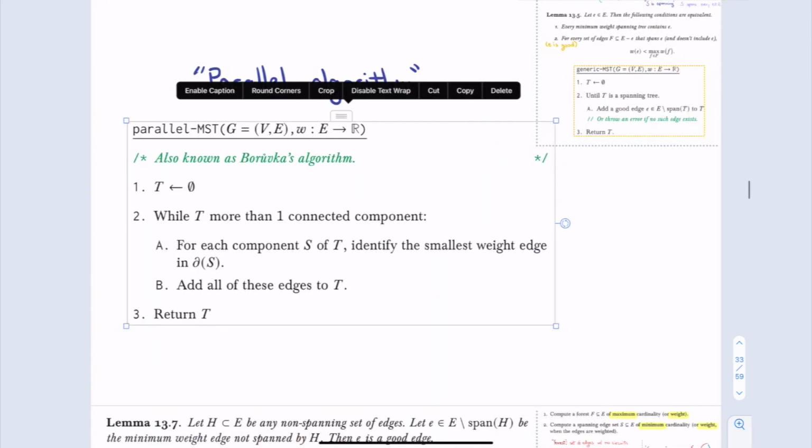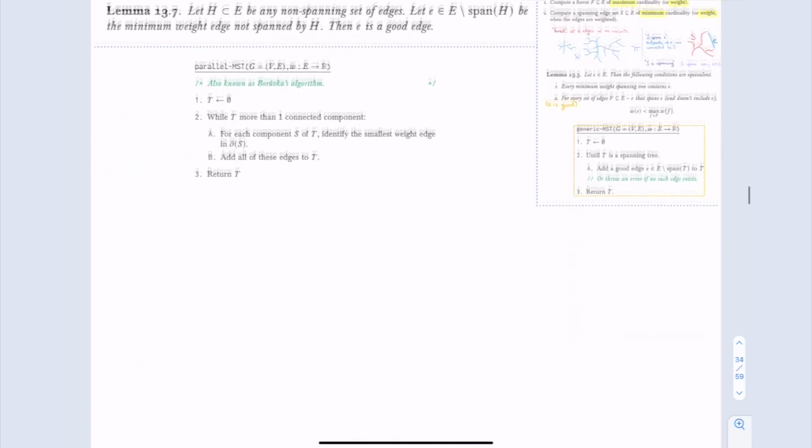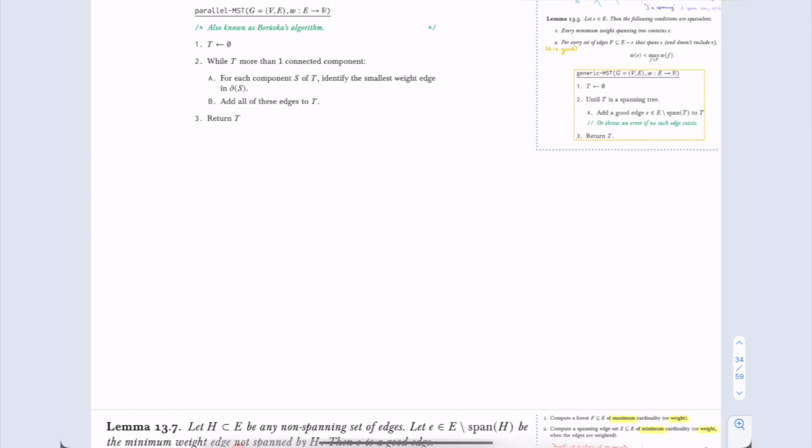Okay. So that gives rise to two algorithms. One is search style, one is like a parallel algorithm. Let me explain the parallel one. Imagine you start with n vertices, n connected components, all by themselves. And each round, every vertex picks the smallest edge that's incident to it.